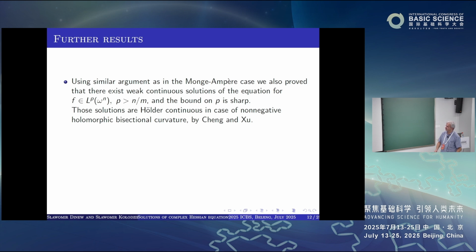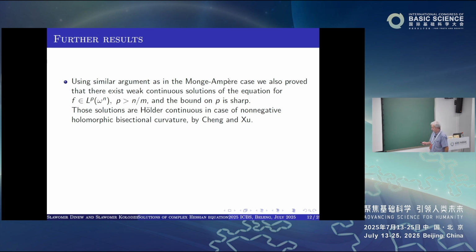And well, almost immediately, we could also prove the existence of weak solutions if the right-hand side is in LP and is not necessarily strictly positive. P again has to be bigger than n over m.